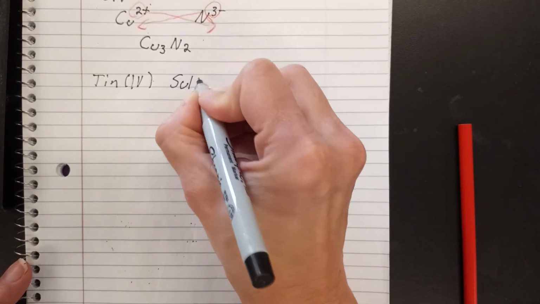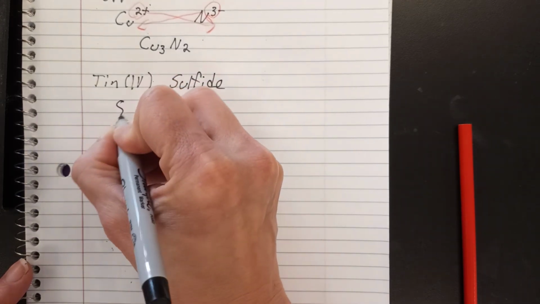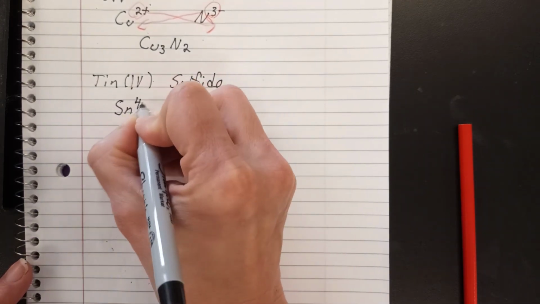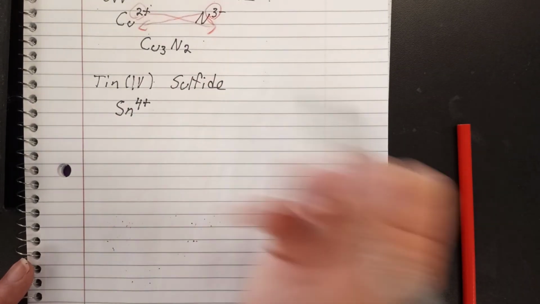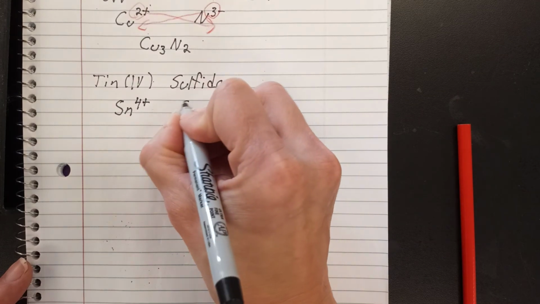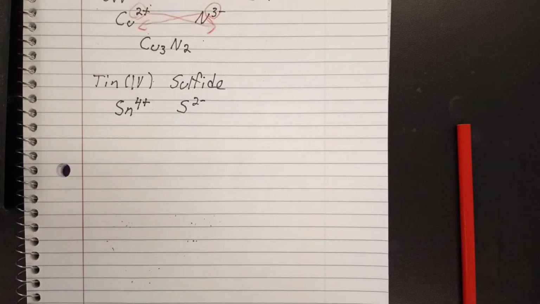Okay. One more. If I had tin IV, that's 4, remember, sulfide. Okay. My tin 4 is Sn4+, because that tells me the oxidation number, simply a 4, always positive. Sulfide, we use the sulfur, is an S2-. Okay.